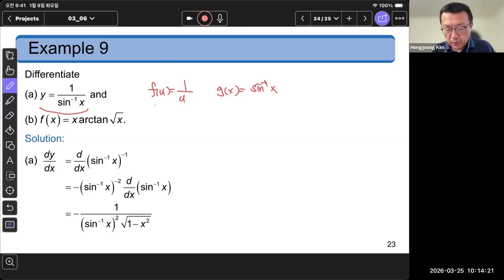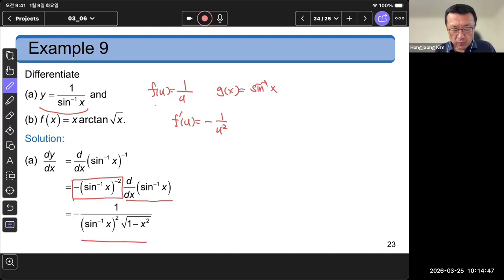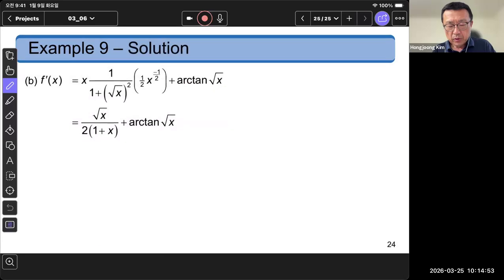So you first differentiate the 1 over u function, then you get negative 1 over u squared. So you evaluate this derivative of the outer function at the inner function multiplied by the derivative of the inner function, which is this. And then for this product of two functions, you need to apply the product rule. So given this, you can differentiate one by one.